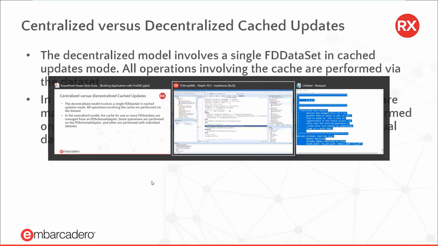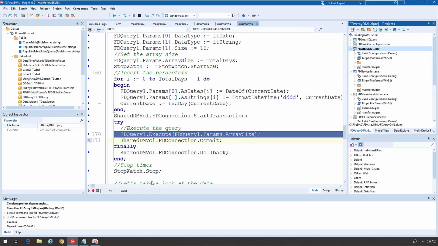So I don't want to get into this too much. I've got several examples for cached updates. I have an example that uses the decentralized model, and I've also got one that shows the centralized model. And I really have to say, if you want to really get into this, take a look at the RAD Studio help. There's quite a bit of information about the process of caching updates.